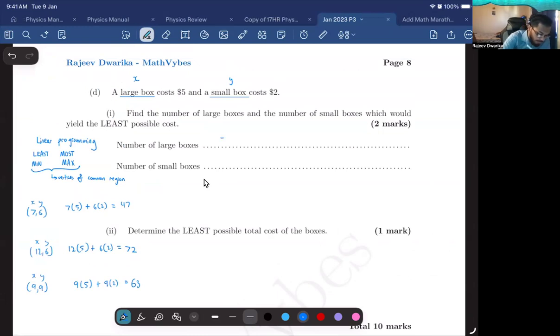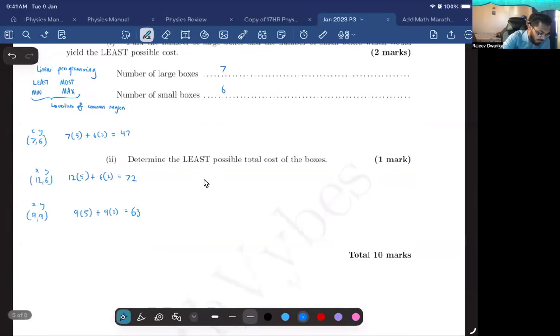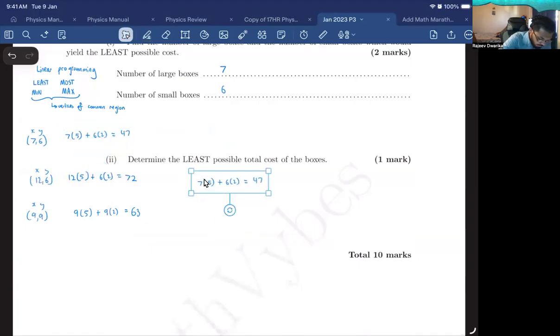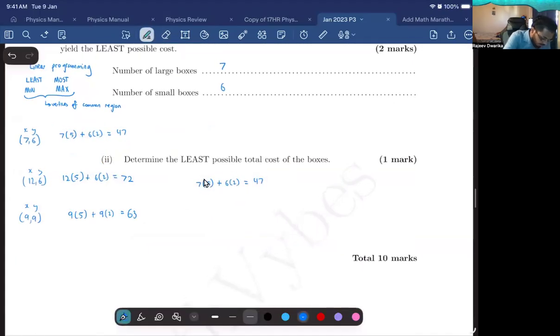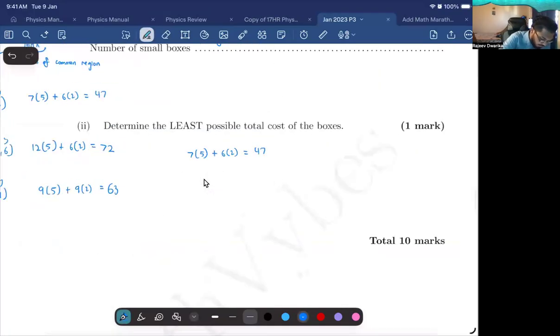So the number of large boxes is 7, and the small boxes will be 6. Do you understand that? Yes, sir. And now they're asking us to determine the least possible total cost of the boxes. So we know the answer already. The answer will be 47, right? Yes, sir. Right. So that will be $47.